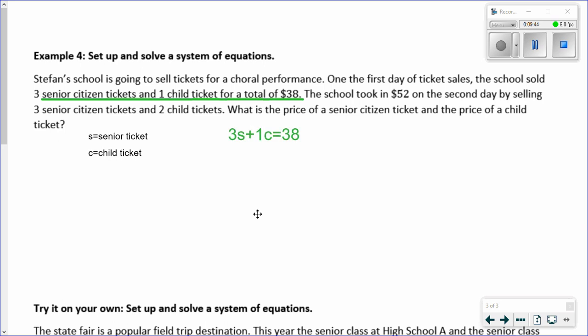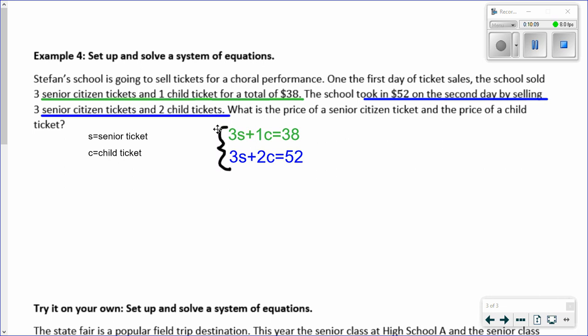So that's my first equation. 3 senior tickets plus 1 child ticket equals $38. The second day, I had a total of $52 from selling 3 senior tickets and 2 children's tickets. So my equation would be 3s plus 2c equals 52. And that's my system. That's what I'm going to solve.